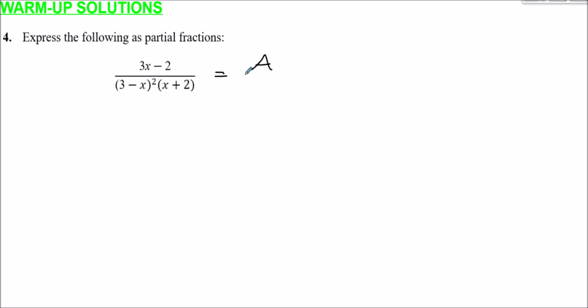So we go a over 3 minus x to the power 1, which is just 3 minus x, plus b over 3 minus x squared, plus c over x plus 2.